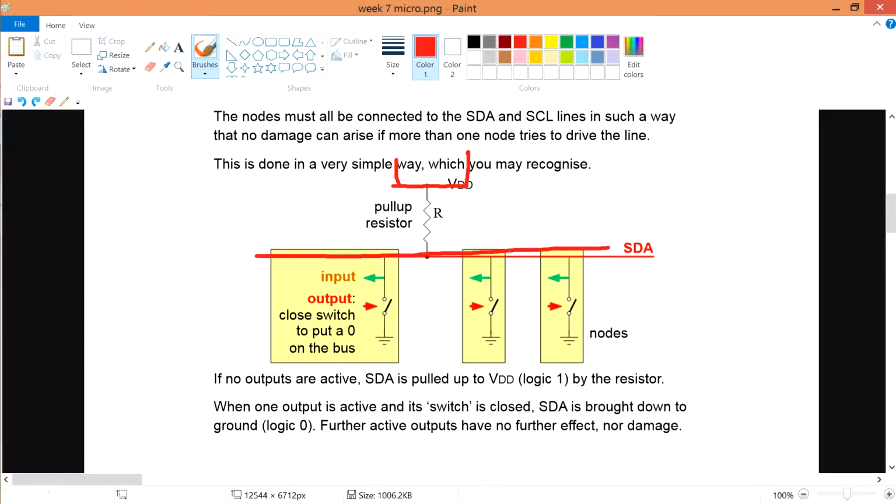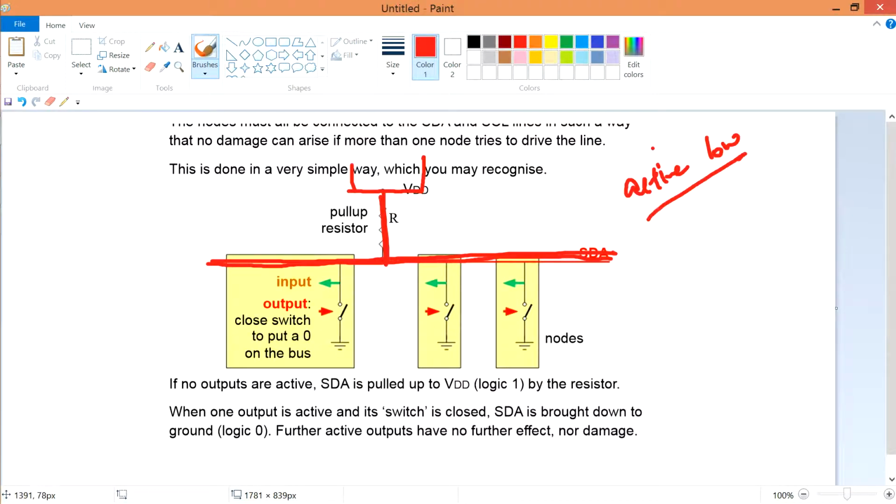Your VDD is coming from the Arduino or your power supply, so to speak. So it always feeds back high, or we can say that it's an active low system, because there are no devices connected. As you can see, they are all open circuit.